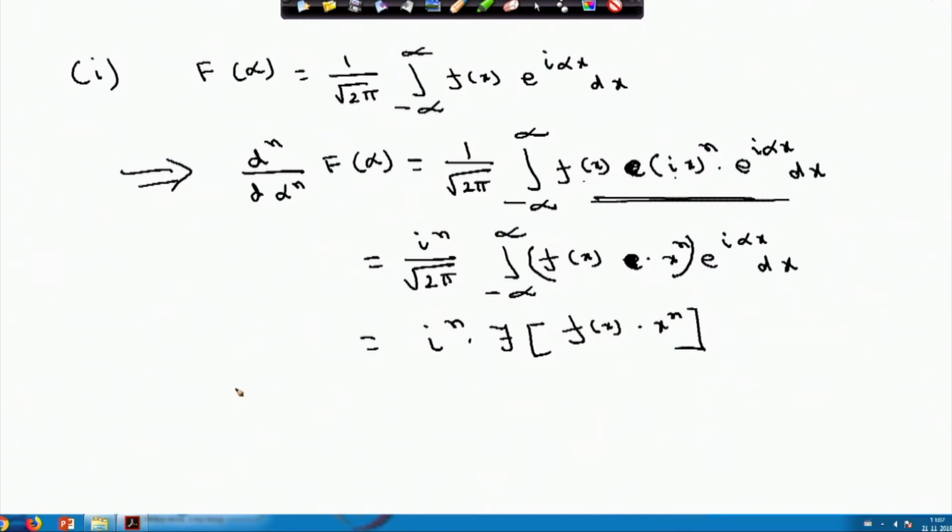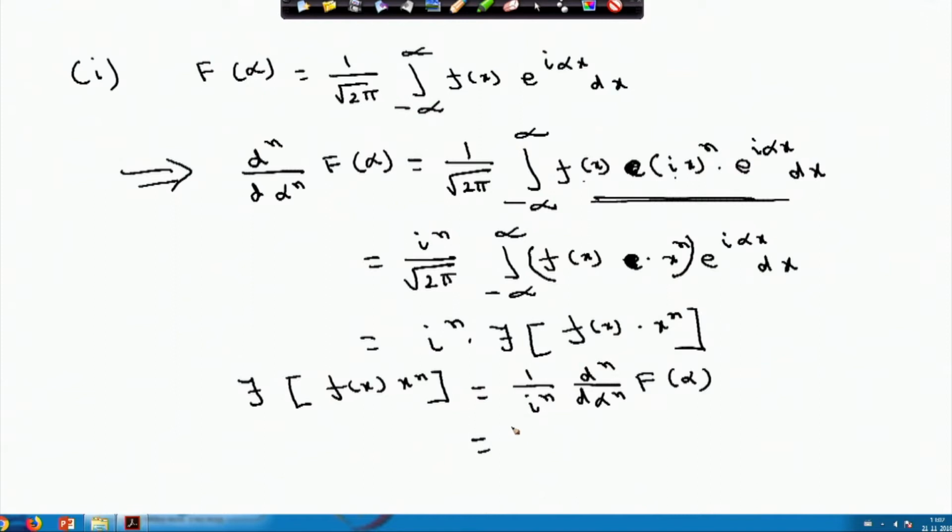Therefore, Fourier transform of f x into x to the power n equals 1 by i to the power n into d n d alpha n of F of alpha. And this 1 by i to the power n I can write as minus i to the power n.